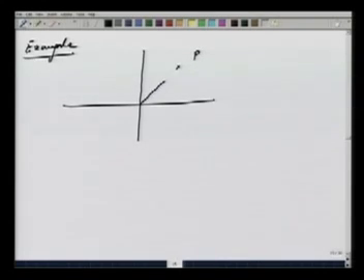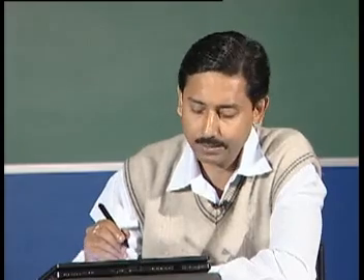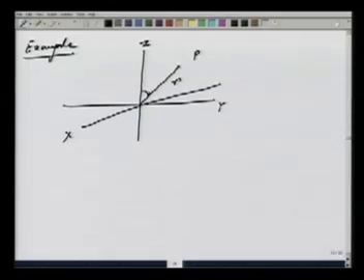Then P has a distance r from the origin. Let me draw this. Let us say this is the x-axis, this is the y-axis, this is the z-axis. Then this point P, wherever it is, makes a certain angle with z. Call this angle phi.